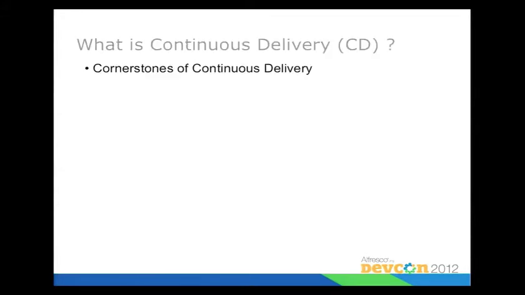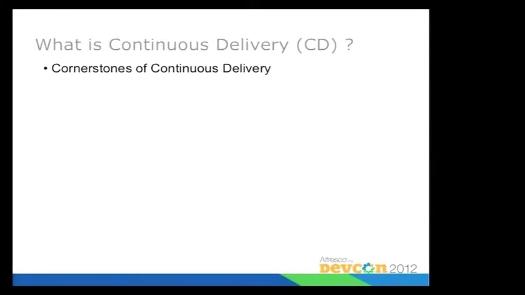Let's move to continuous delivery, to the definition. What are the cornerstones of continuous delivery? The basic point in continuous delivery is that every check-in, or at least a bunch of check-ins combined, creates a potential release candidate.